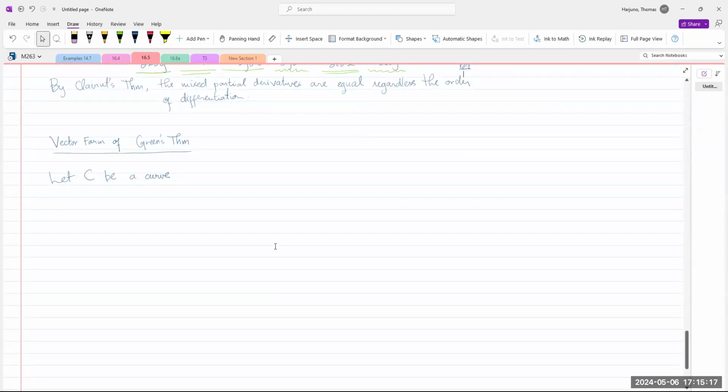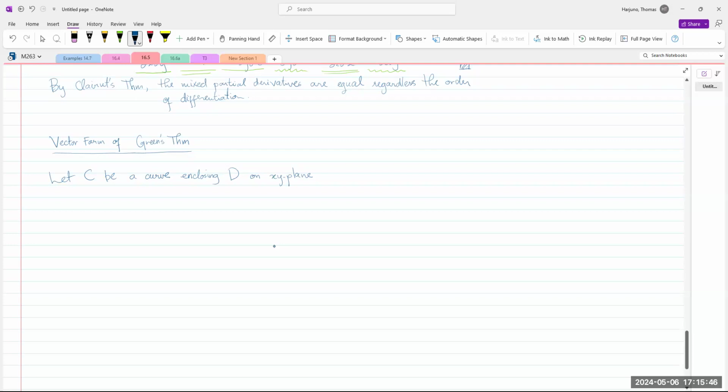Now let's continue with the vector form of Green's theorem. Let C be a curve enclosing D on the xy plane. Now remember, Green's theorem was on the xy plane only, right? It's on two dimensions.